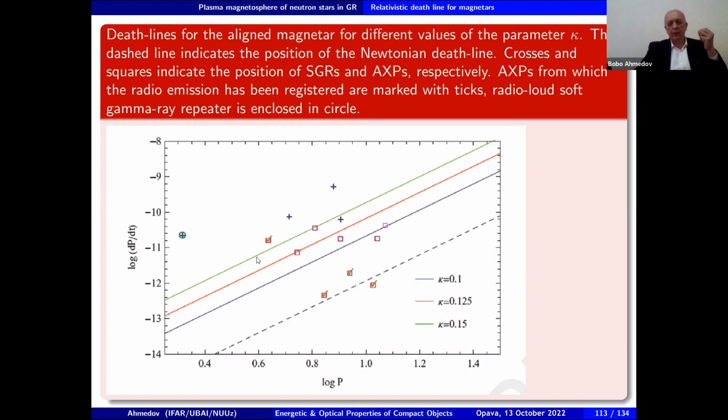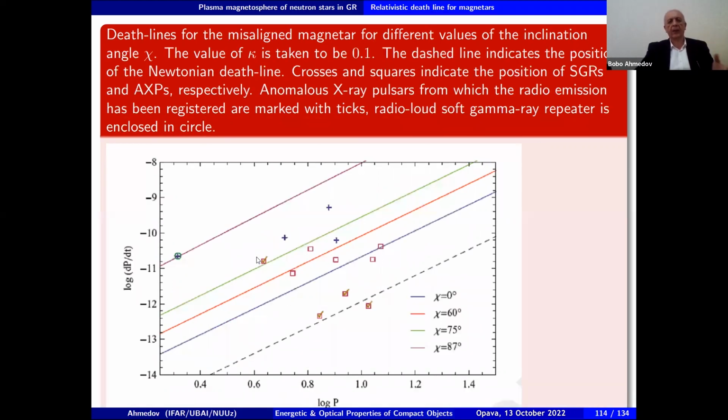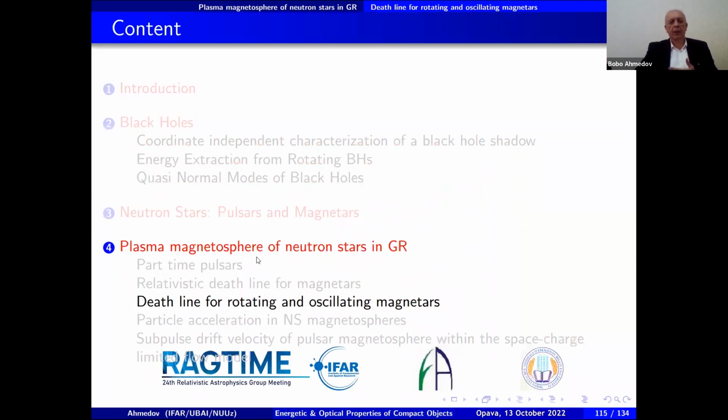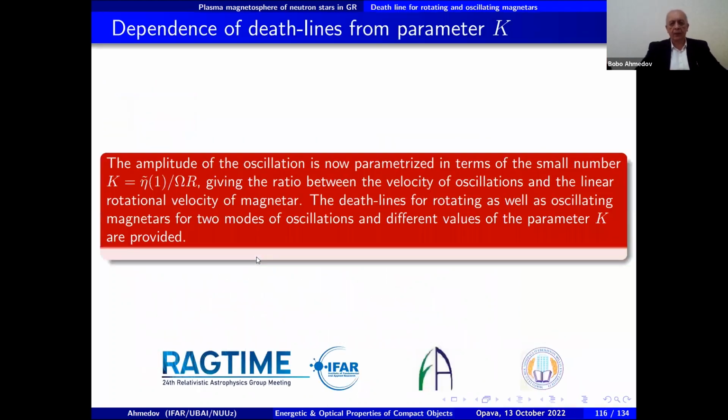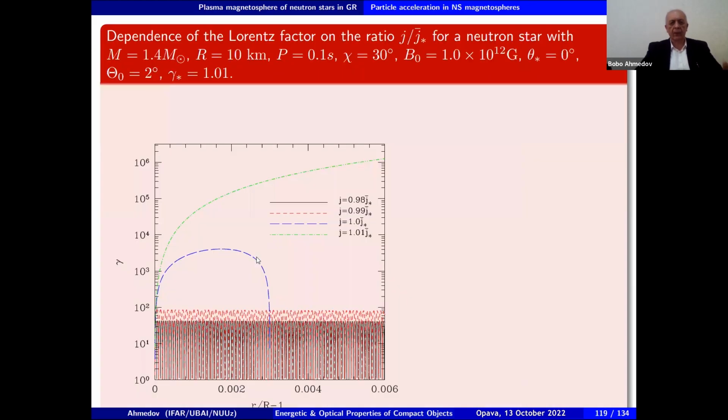We looked at how the oscillations, inclination angle or compactness of the neutron star can change the radio loudness of the gamma ray repeaters. And this is what we have studied.